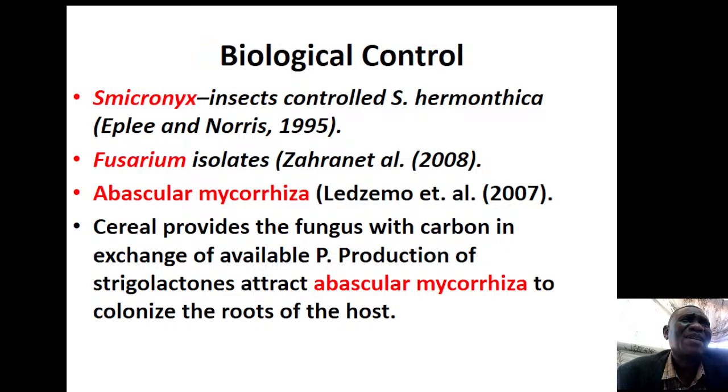These ones can actually be useful because they can increase phosphorus production in the root zone of the host, and this phosphorus can actually decrease Striga infection. So arbuscular mycorrhiza could be used for the control of Striga in cereals as a biological control measure.